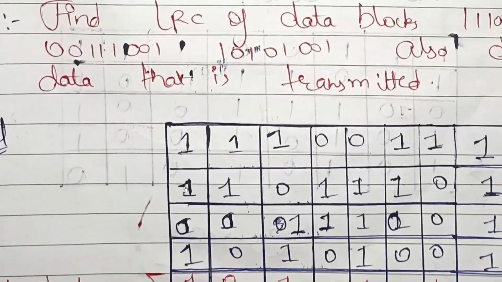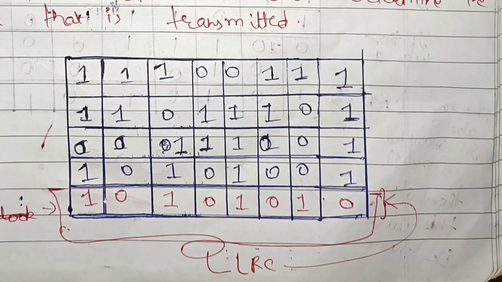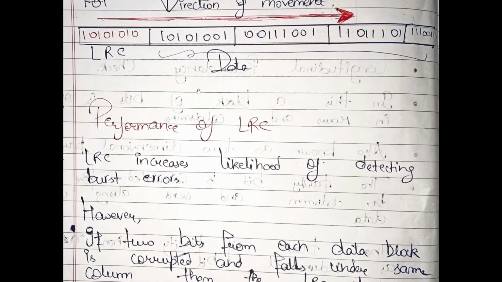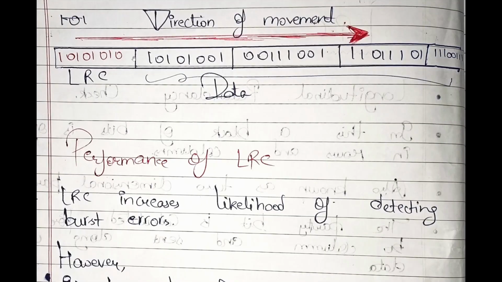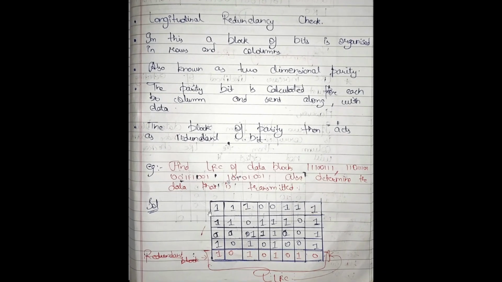This block here, which I have written with the red pen. Now once we created the block, we are going to send it like this. The direction of movement will be, the first block will be sent at the very first, then the second one will be after the first one. The first block that was in the data, look, this will be sent first.